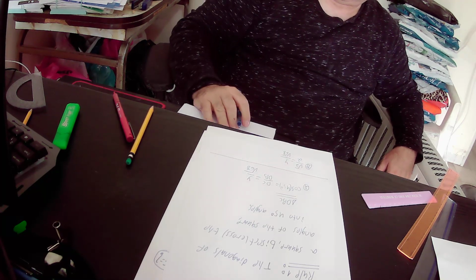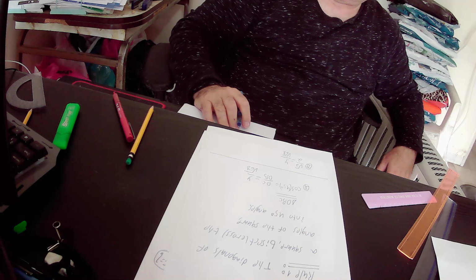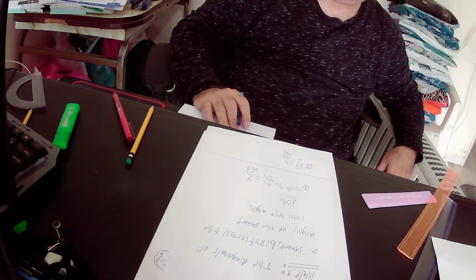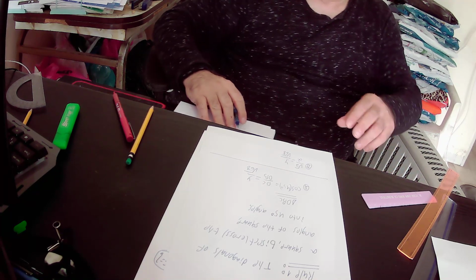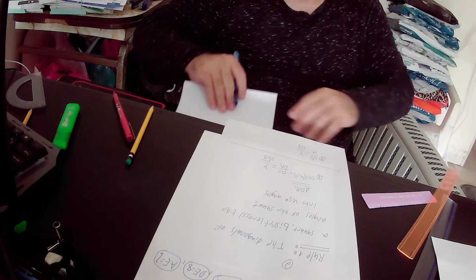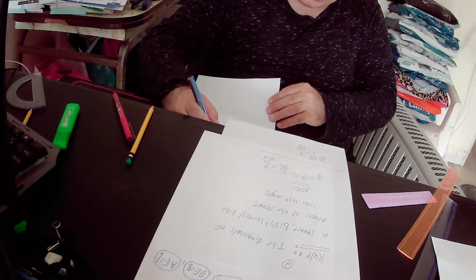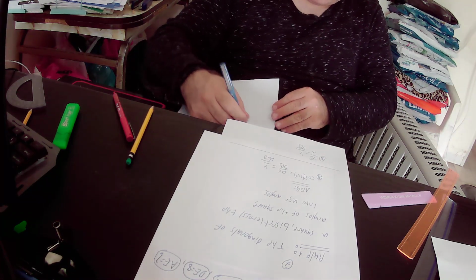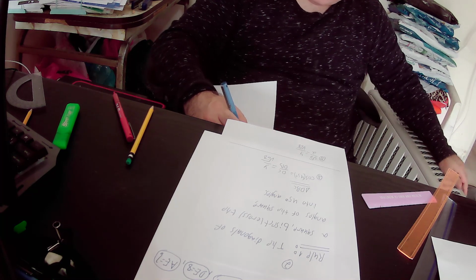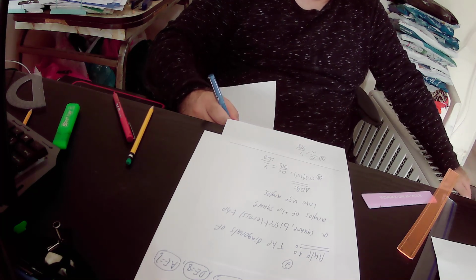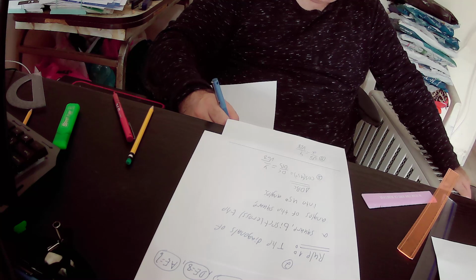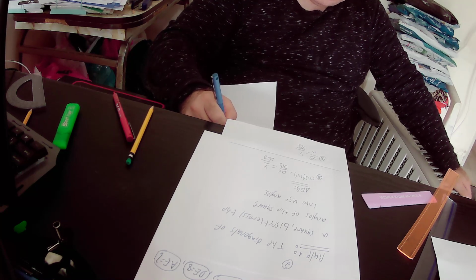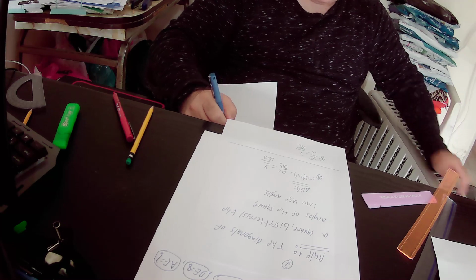So here we will multiply equation number 2 by square root of 68, and we will get that square root of 2 over 2 times square root of 68 equals y.